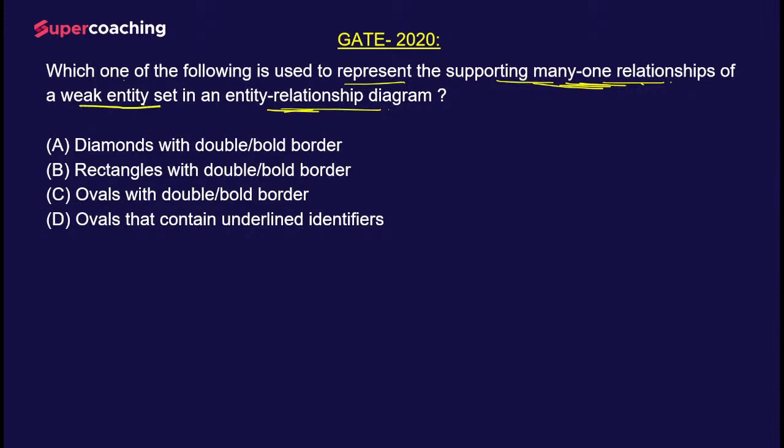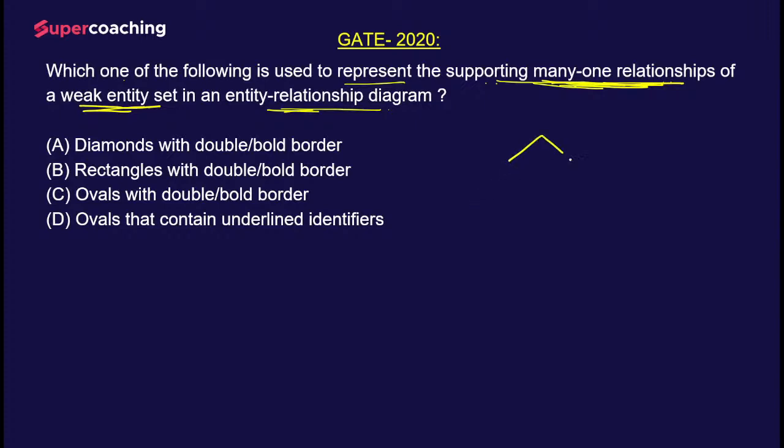Here you are not asked about weak entity set. This is saying that which of the following is used to represent the supporting many-to-one relationship, with weak entity set. So basically we have to tell the representation for many-to-one relationship.